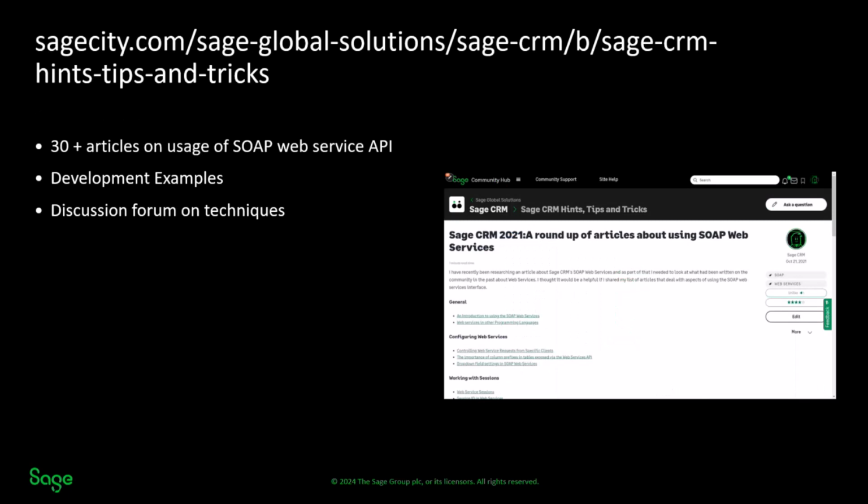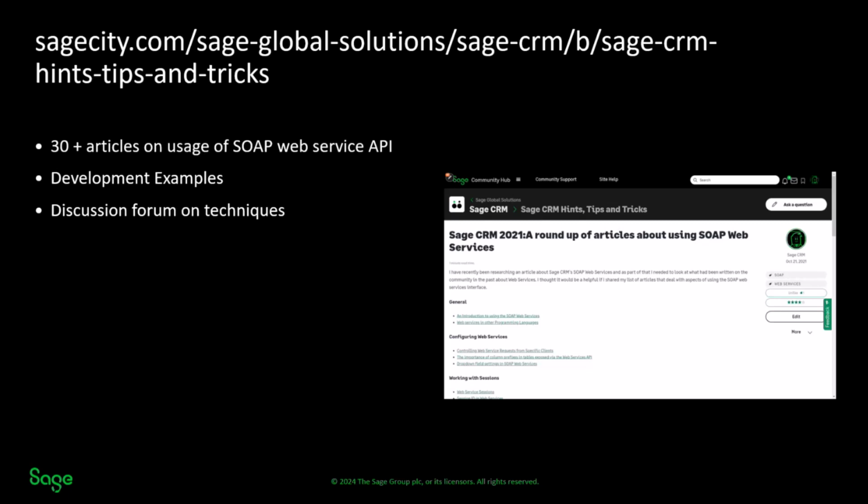and there will be another useful resource that you should be familiar with, which is the hints and tips blog on the community hub. So Sage City, or on Sage Community Hub, Global Solutions, Sage CRM, and into the blogs.